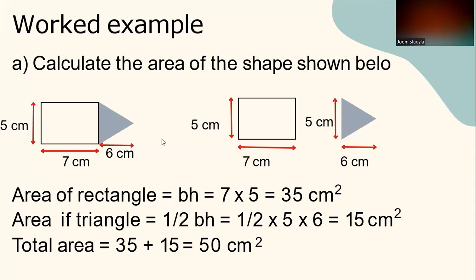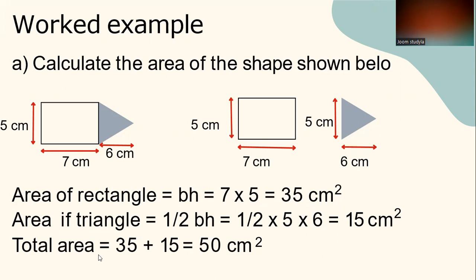So what you have to do is break this shape up into two: one is a rectangle, the other one is a triangle. First calculate the area of the rectangle. The formula for the area of a rectangle is BH. BH means 7 times 5 equals 35 centimeters square.